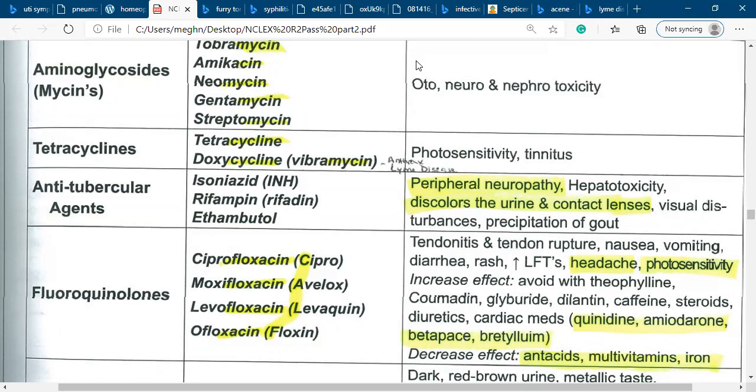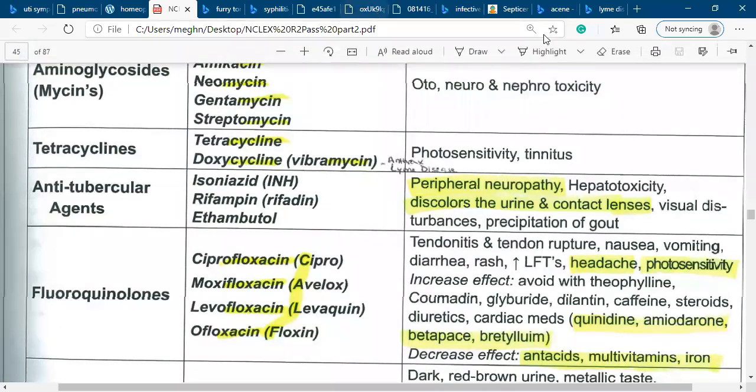Give this medication with a straw if the patient needs it, and also avoid giving it with Lasix. Lasix is a diuretic, and Lasix with tetracycline together is not a good choice. Okay, so this is the most important information about tetracycline.